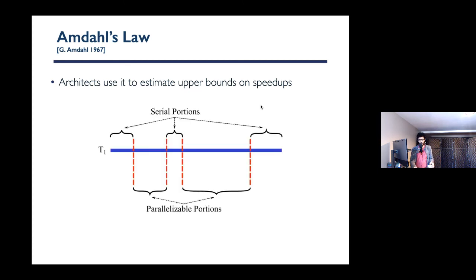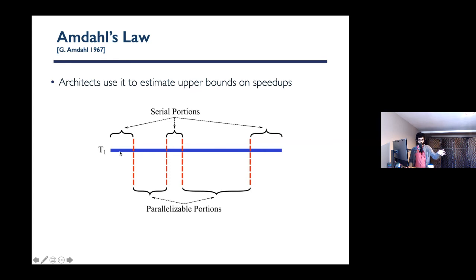So here is how Amdahl's law works. Let's say T1 is the execution time of your application on one CPU. So I only have one CPU and I run my application on it, and this is how long it takes. If I look at the runtime of my application, at some points in time only one thread is running.